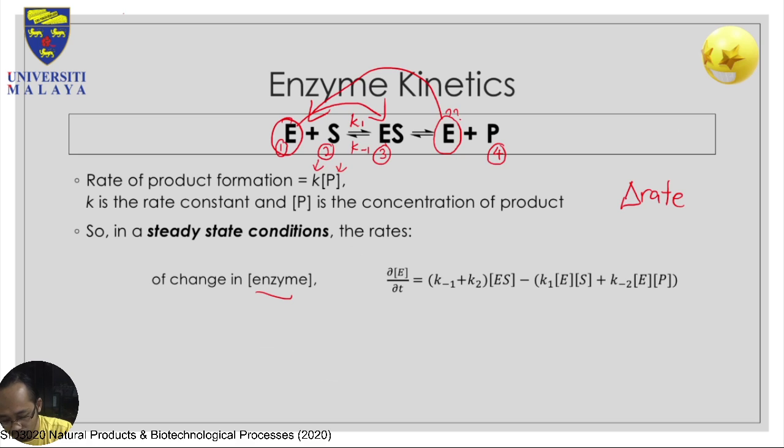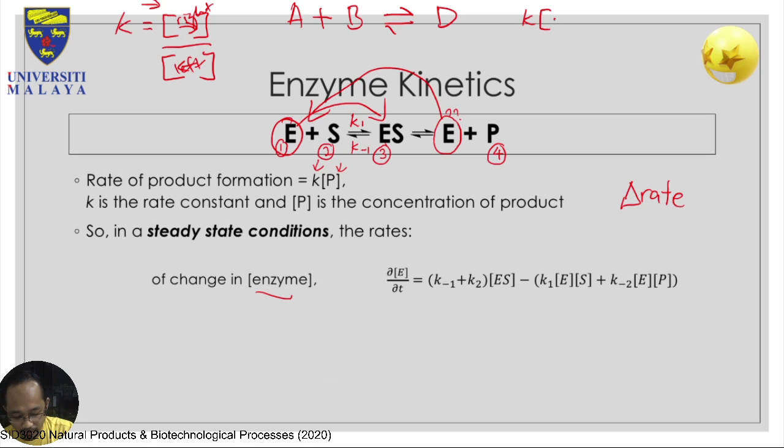When you consider the rate, you consider where the arrow is moving: this one is on the right, this one is on the left, based on where the arrow is going. Again, this is the basic, if you can't remember.